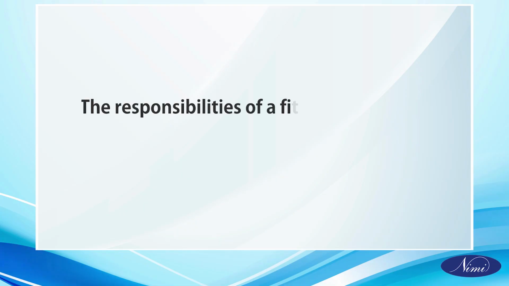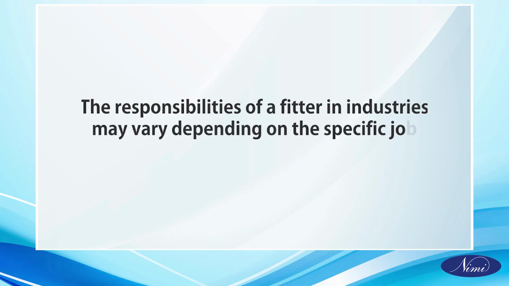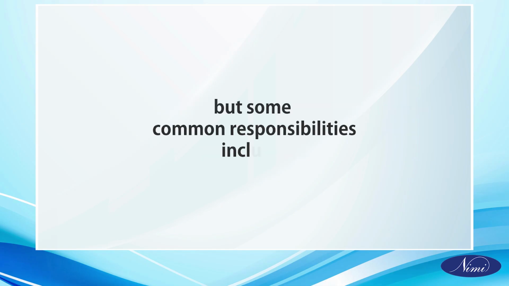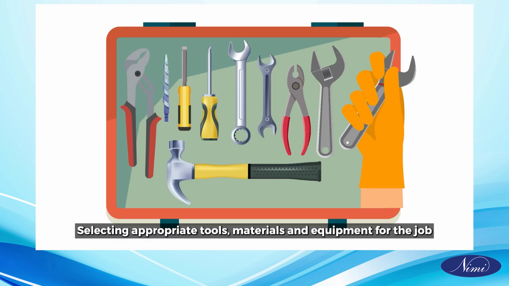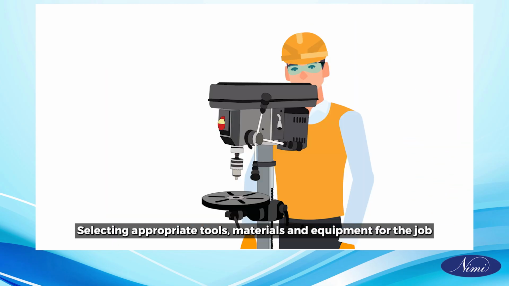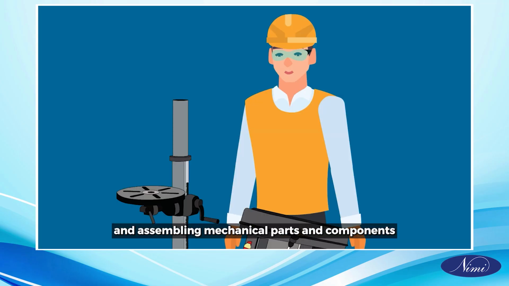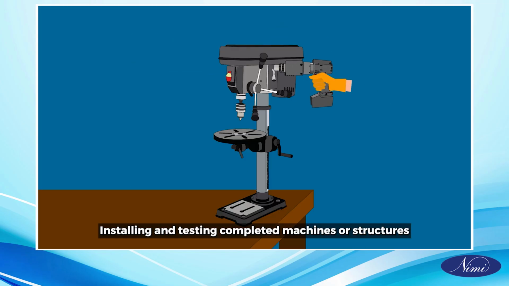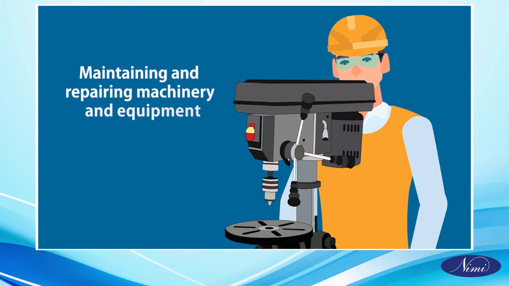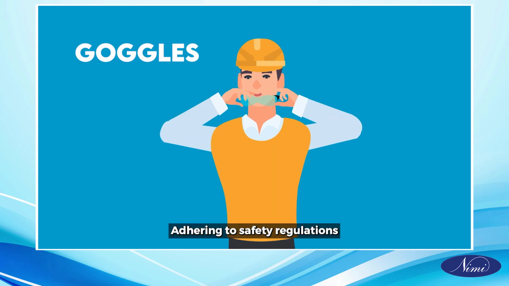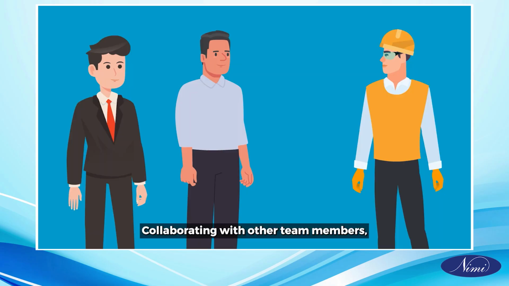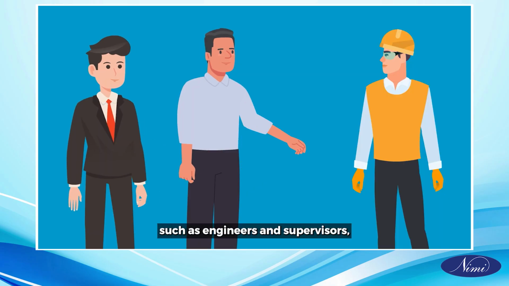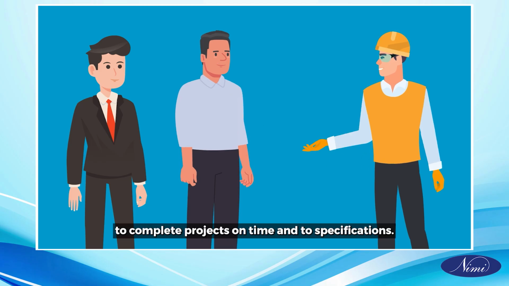The responsibilities of a fitter in industries may vary depending on the specific job and industry, but some common responsibilities include reading and interpreting technical drawings and schematics, selecting appropriate tools, materials, and equipment for the job, measuring, cutting, shaping, and assembling mechanical parts and components, installing and testing completed machines or structures, maintaining and repairing machinery and equipment, adhering to safety regulations and wearing appropriate protective gear, keeping work areas clean and organized, collaborating with other team members such as engineers and supervisors to complete projects on time and to specifications.